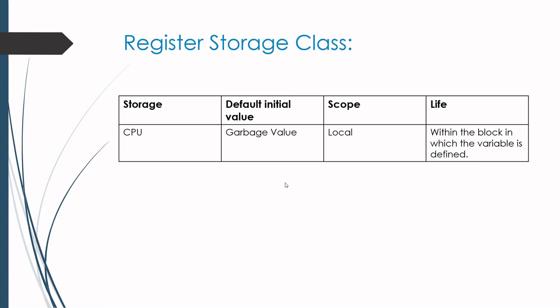The default initial value, just like the automatic storage class, is the garbage value only, the scope is also local, and the life is also within the block in which the variable is defined. Everything is the same except the storage. Here you store the values in the registers. If it is automatic, we store the values in the memory locations. That's the one and only difference between the automatic and register storage classes.